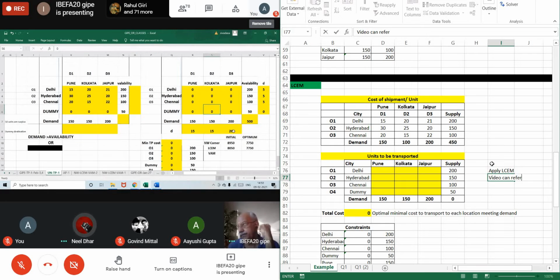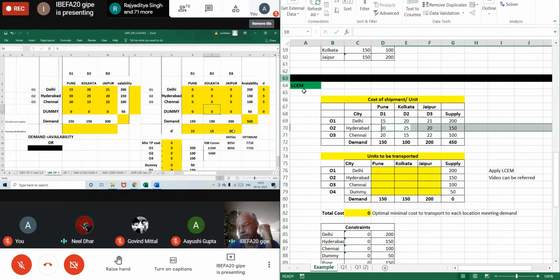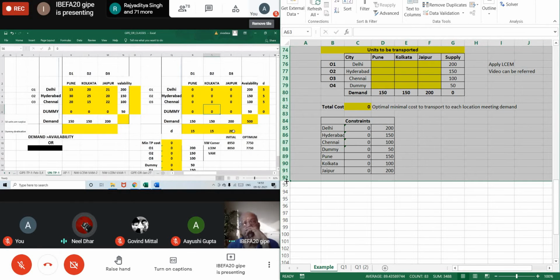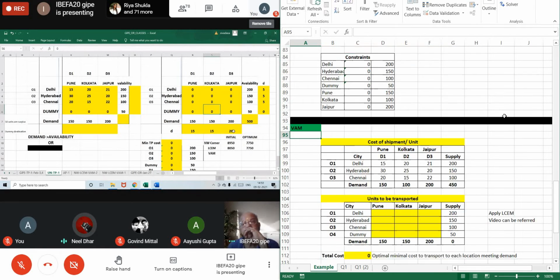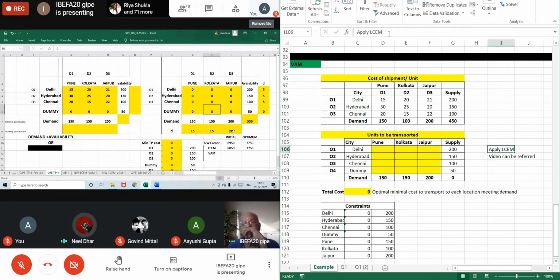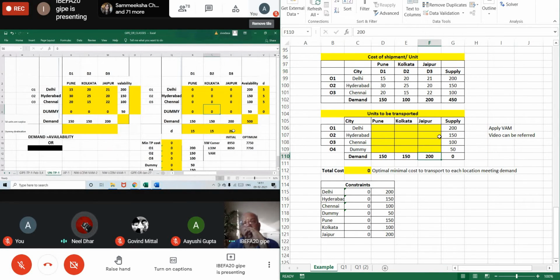Sir, I don't agree, because when I was studying VAM, this D value is basically the opportunity cost, and we have to take the highest value. If we don't put it in Jaipur right now, at the Jaipur and dummy intersection, then our cost will go up by 20 per unit.